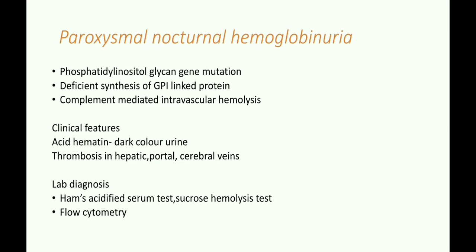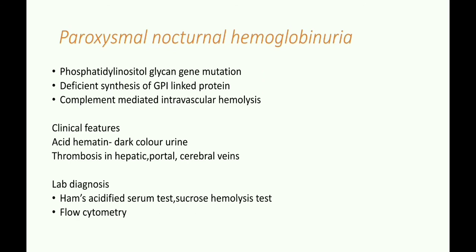At the same time, the inherited cause of intracorpuscular defect in hemolytic anemia is paroxysmal nocturnal hemoglobinuria. Here there is a mutation of a gene called phosphatidylinositol glycan. As a result, there is deficiency in the synthesis of a protein, that is GPI linked protein.